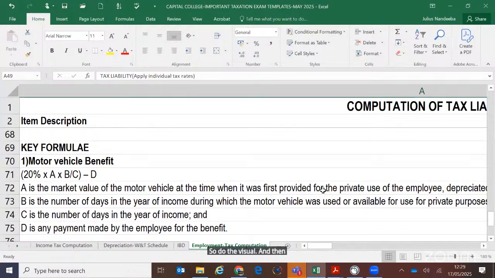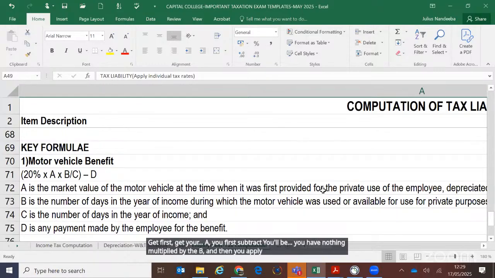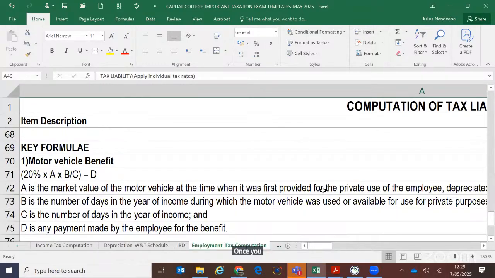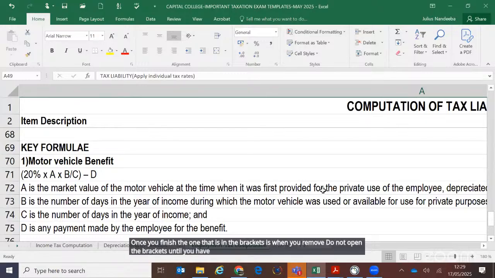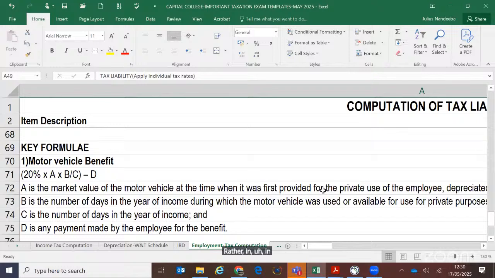And then after the division, first get your A. You first subtract your B, you multiply by the B, and then you apply the 20%. Once you finish the one that is in the brackets, is when you remove the D. Do not open the brackets until you have completed the part in the bracket.